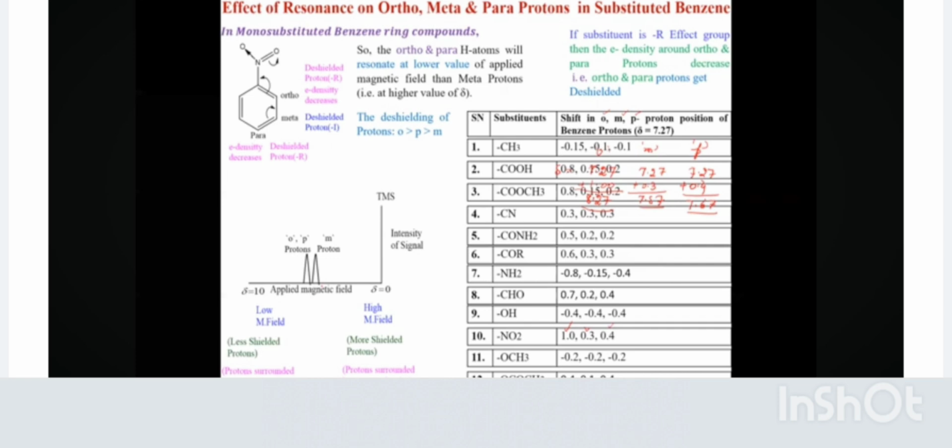OH 0.4, 0.4, 0.4. NO2 1.0, 0.3, 0.4. OCH3 0.2, 0.2, 0.2. OCOCH3 0.4, 0.1, 0.4. Low magnetic field: less shielded proton, surrounded by less electron density. Proton surrounded by more electron density is more shielded, at high magnetic field.